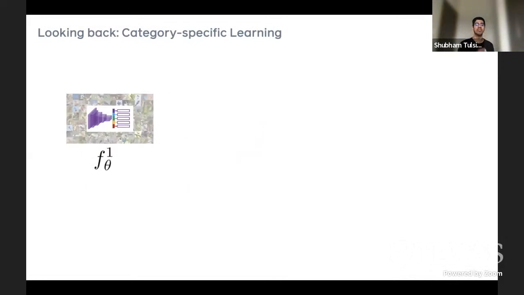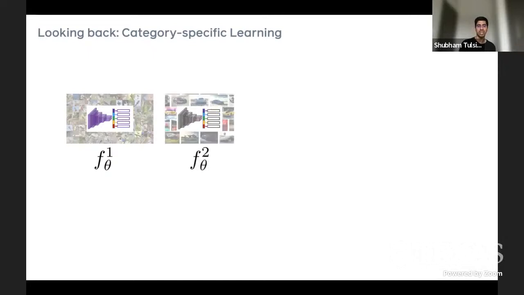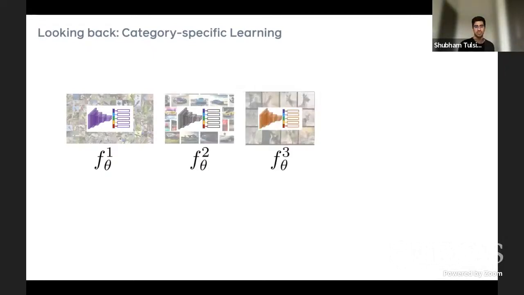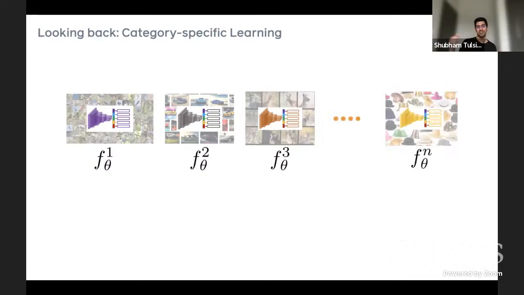And so given images of birds, we learn a bird-specific reconstruction model. Given images of cars, we learn a car-specific reconstruction model. Given images of deers, we learn a different model that is specific to this particular category, and so on. And given images of hats, we learn a separate model that's only specific to hats.